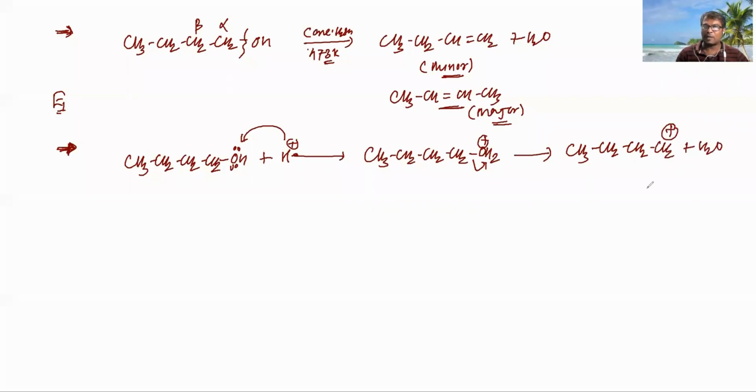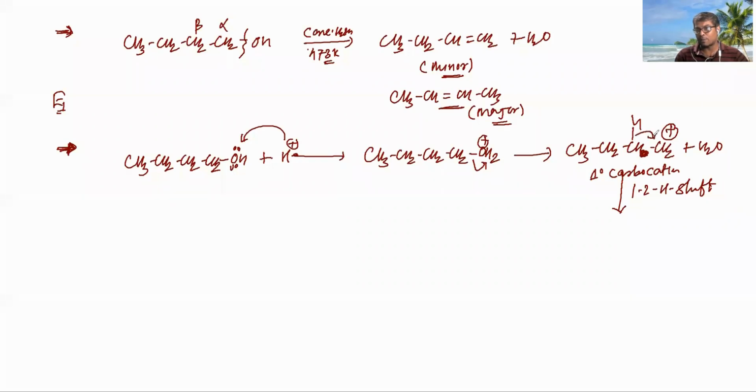Now this primary carbocation has a tendency to convert into a secondary carbocation by a 1,2 hydride shift. Because it is a primary carbocation, it is less stable and it has a tendency to shift one of the beta hydrogens.